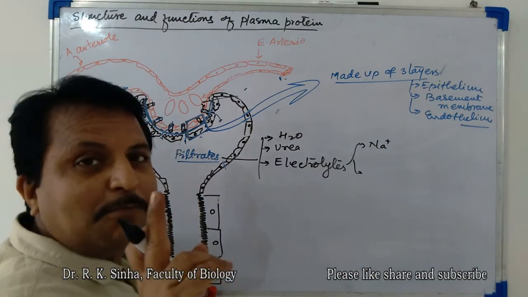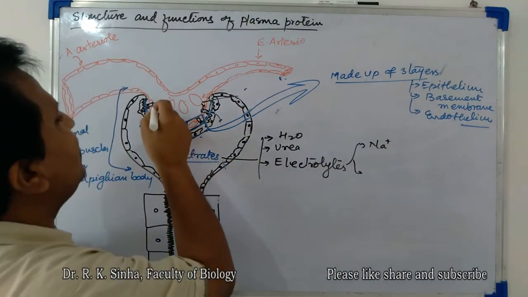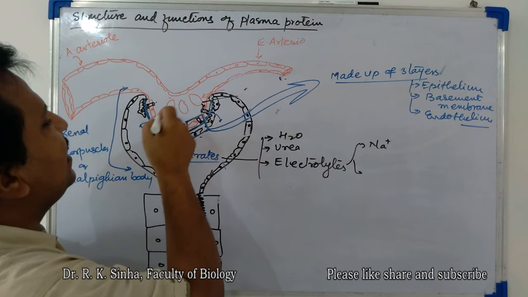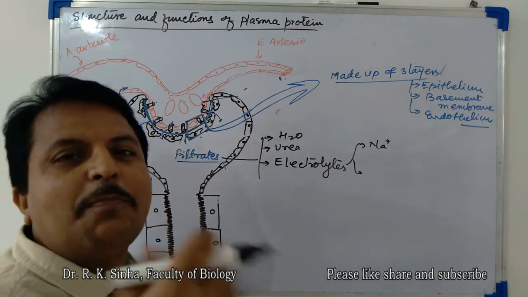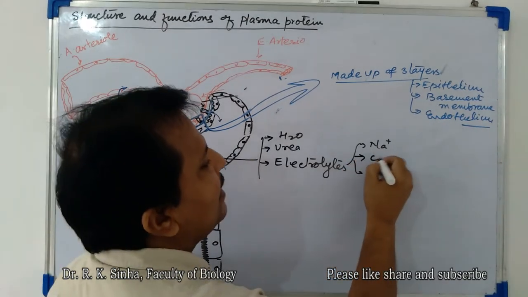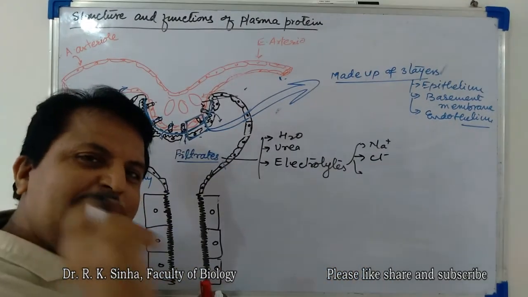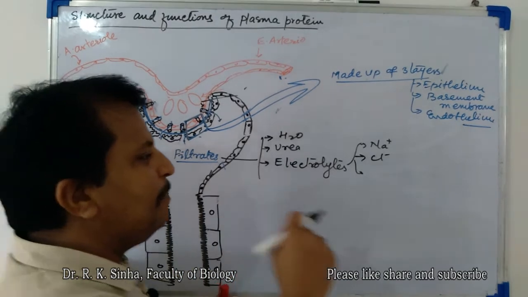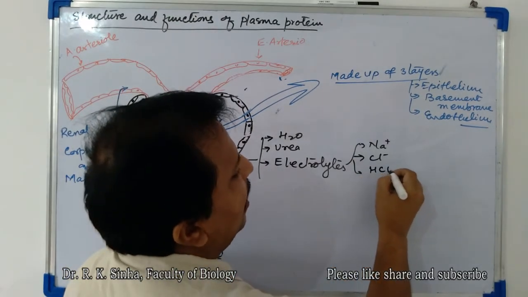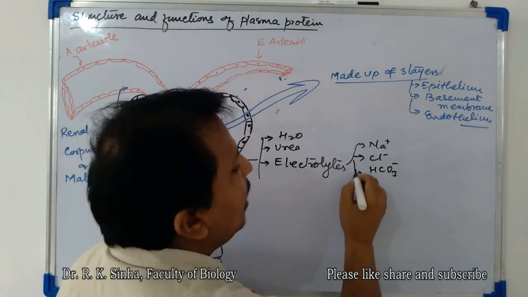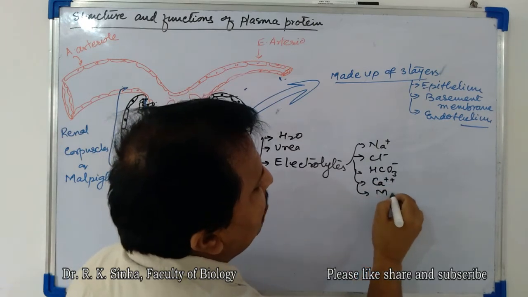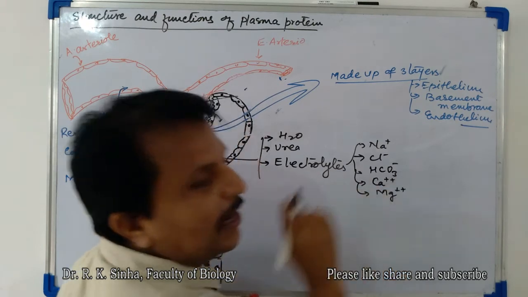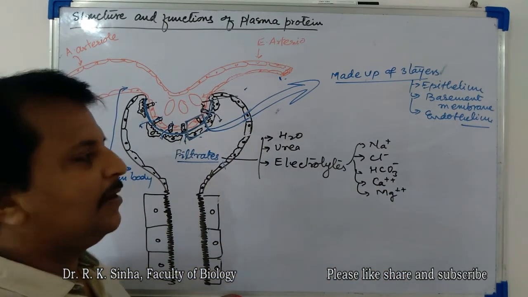Sodium ion is positively charged, so these negatively charged protein channels can allow the sodium ion to pass, and chlorine is negatively charged but very small in size, so it can easily pass, and bicarbonate, and you can also allow calcium ion and magnesium ion to pass because these are positively charged.